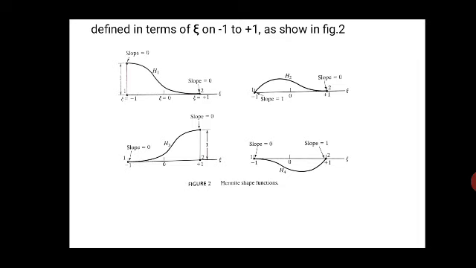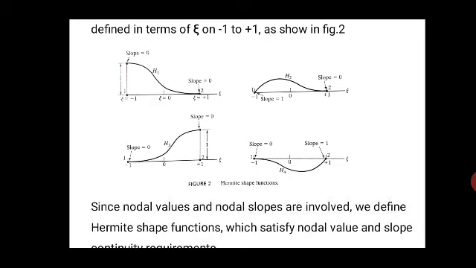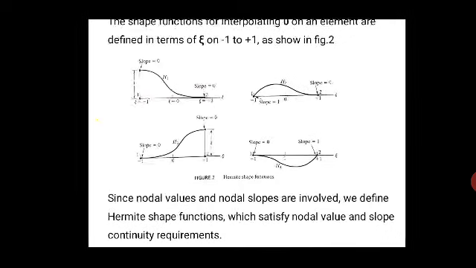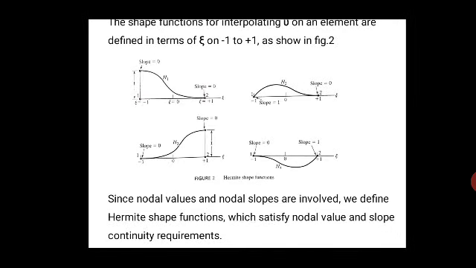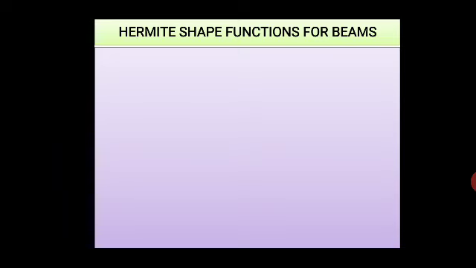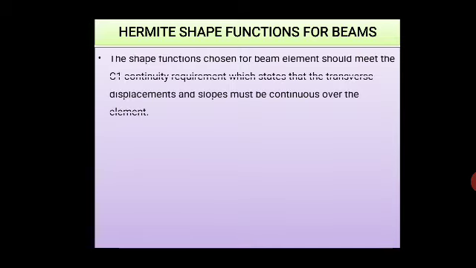Then, depending upon the loading conditions, we can obtain the relating functions. Since the nodal values and nodal slopes are involved, we define the Hermite shape functions which satisfy the nodal value and slope continuity requirements. For your syllabus we will be discussing the Hermite shape functions for beams.